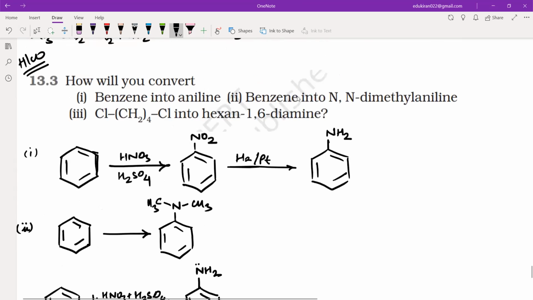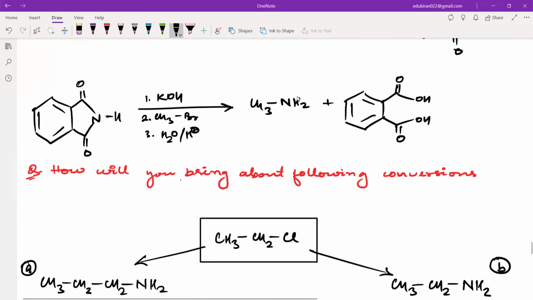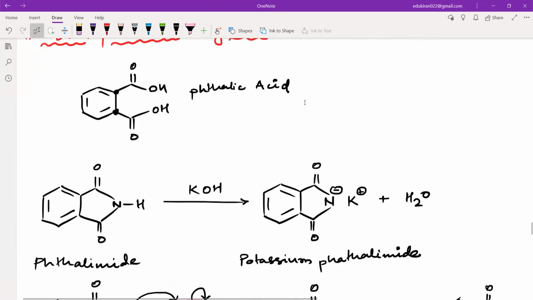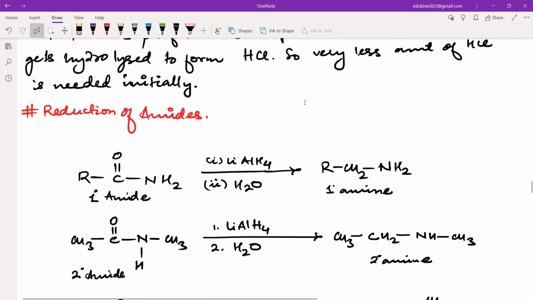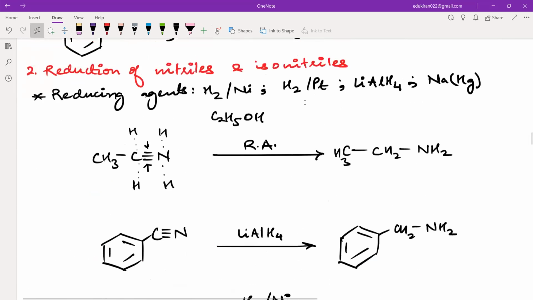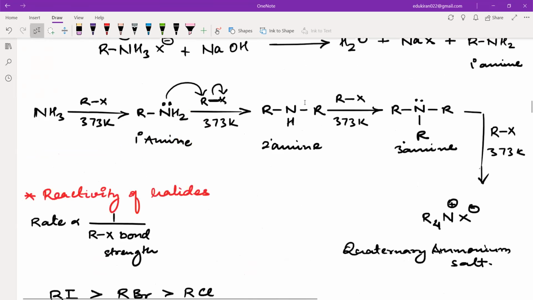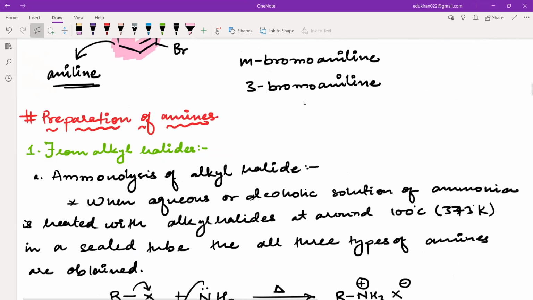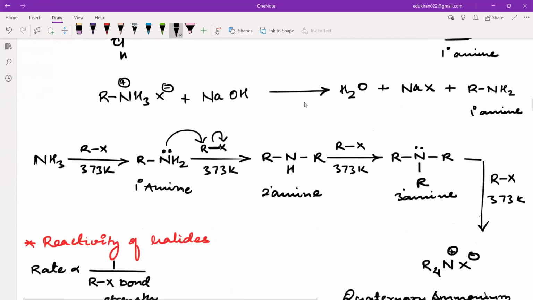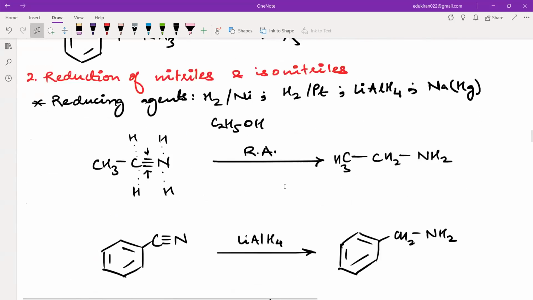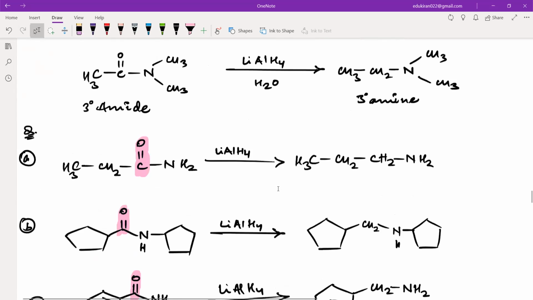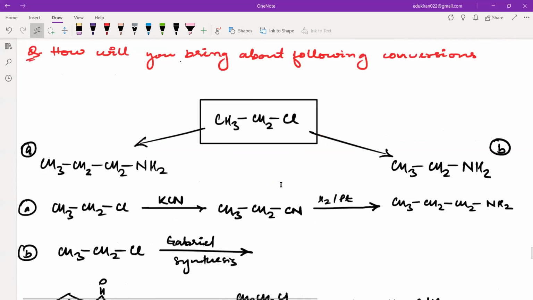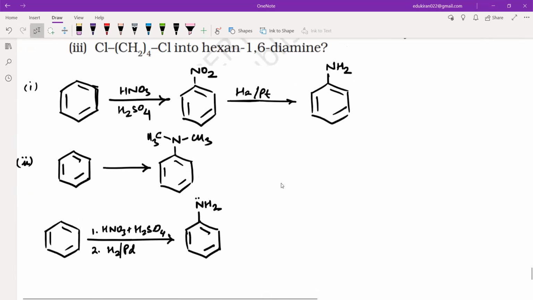Now, we know a reaction in which we can add R groups. So if you see this reaction of ammonolysis, now in this you can see, if you have any RNH2 and you treat this with RX, that means any alkyl halide, then you attach the R group that is present in the alkyl halide. So using this reaction, we can treat this with any CH3X, X being the halogen.